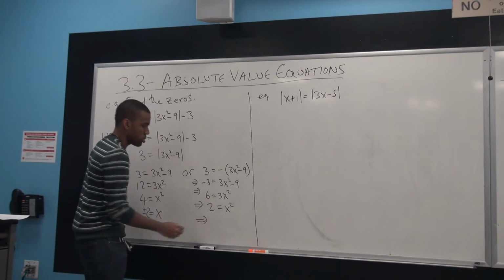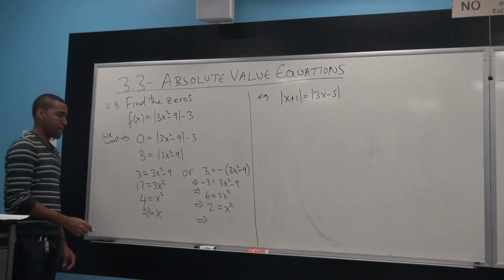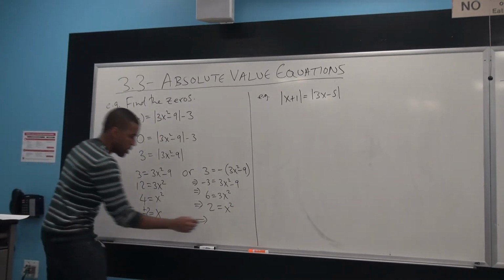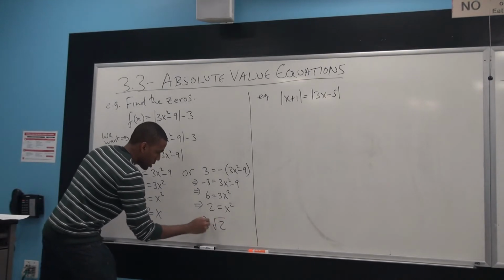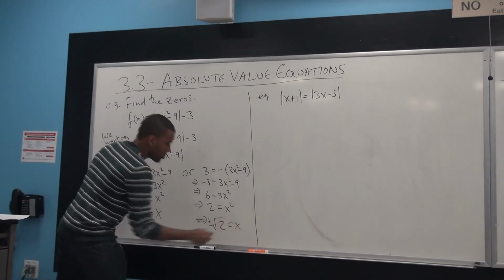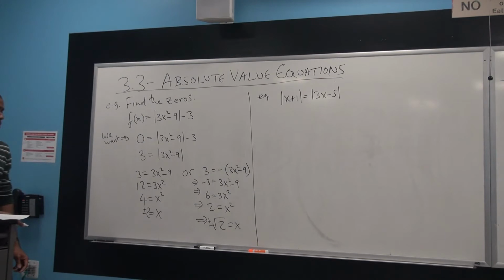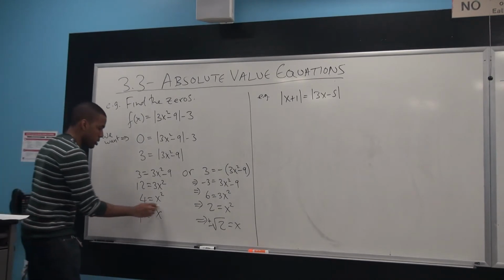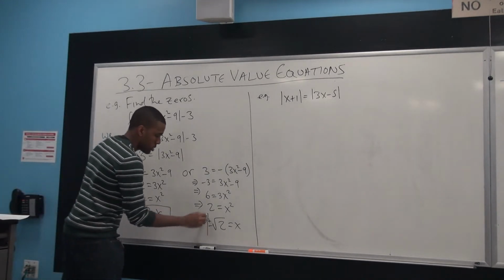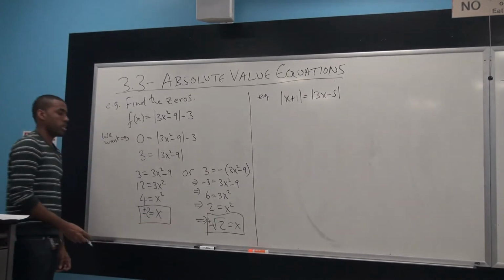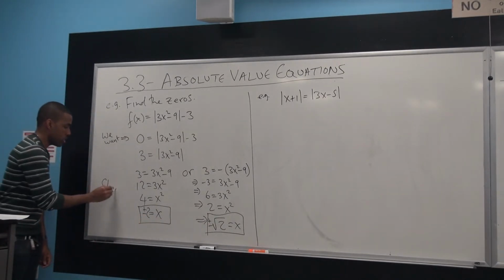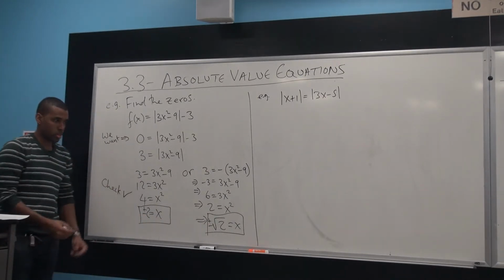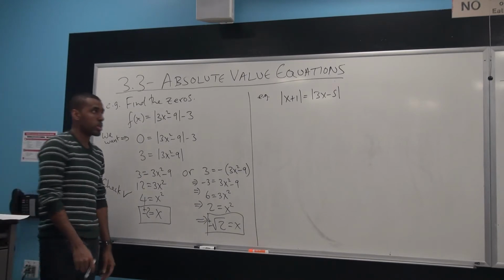And this would mean x equals what? Radical 2, plus or minus, right? So this one actually has 4 solutions. And if you check these, they'll work out. So you should always do a quick check.